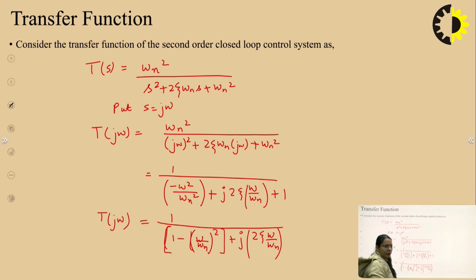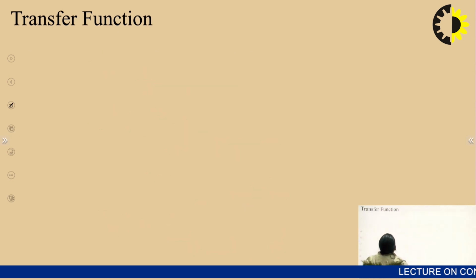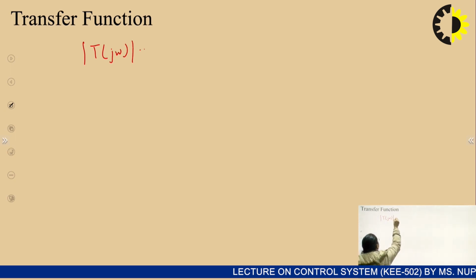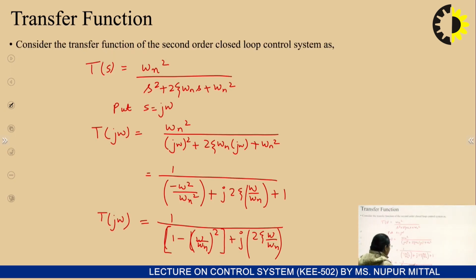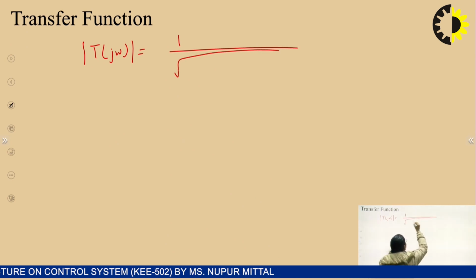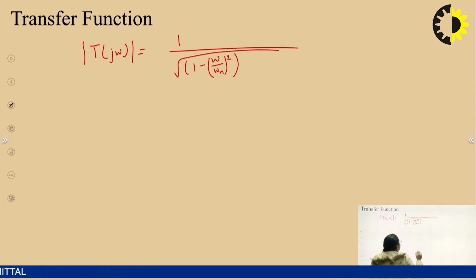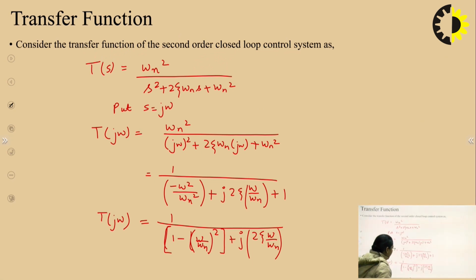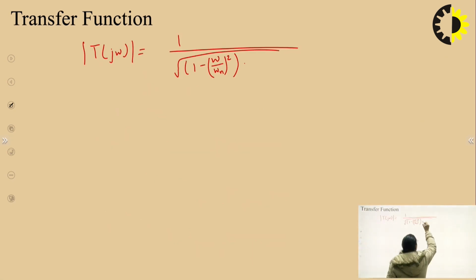Now the magnitude of the transfer function will be: mod of T(j omega) equals 1 upon under the root of (1 minus (omega upon omega n) whole square) whole square plus (2 zeta omega by omega n) whole square.